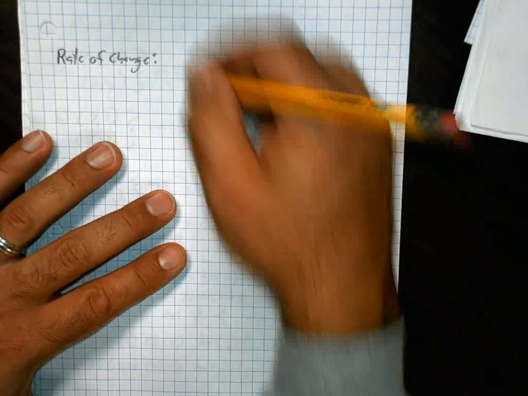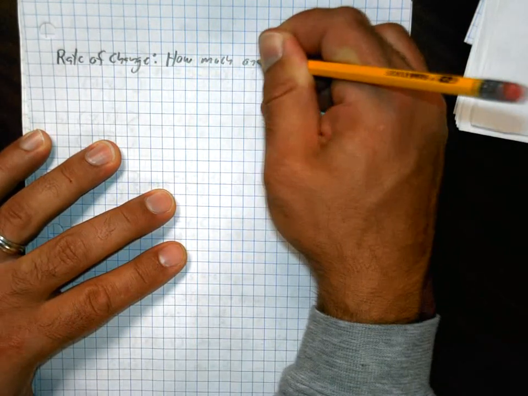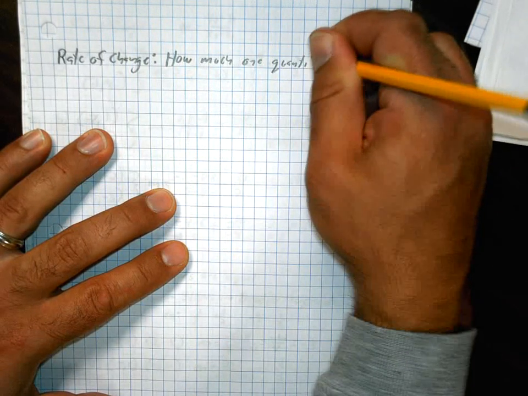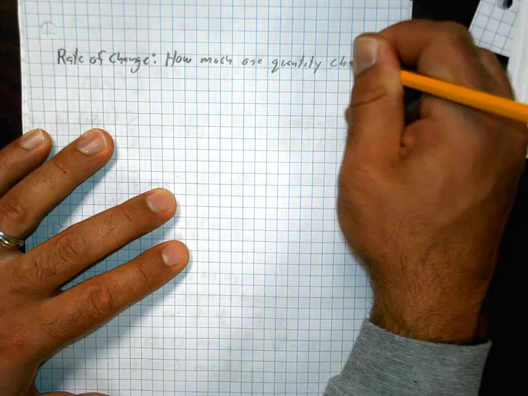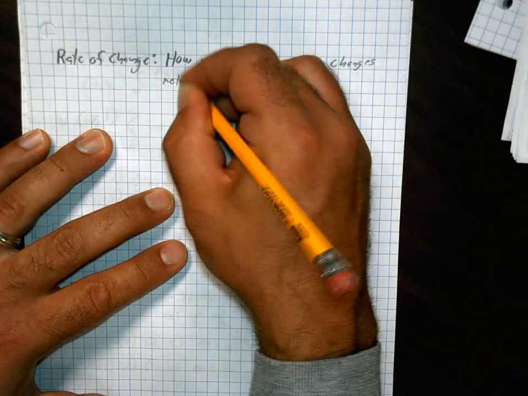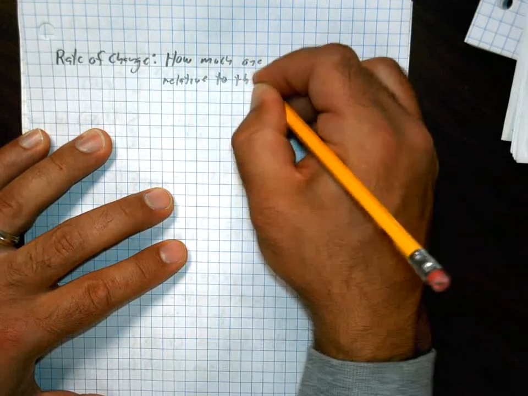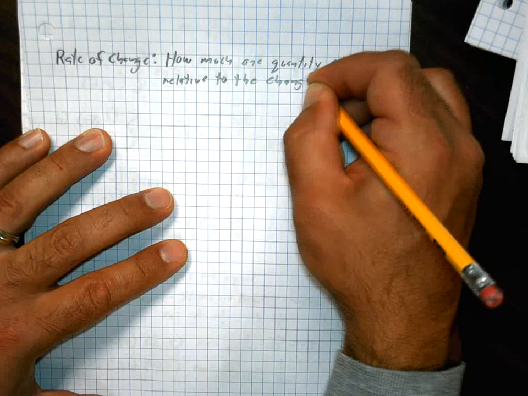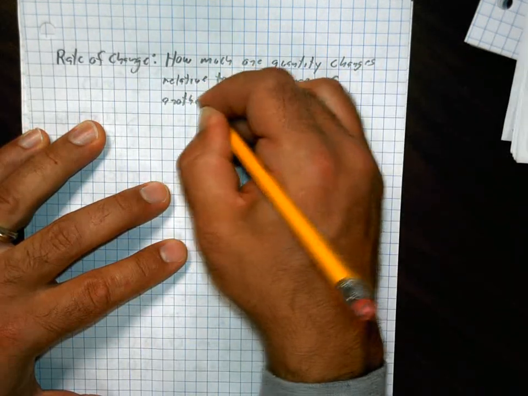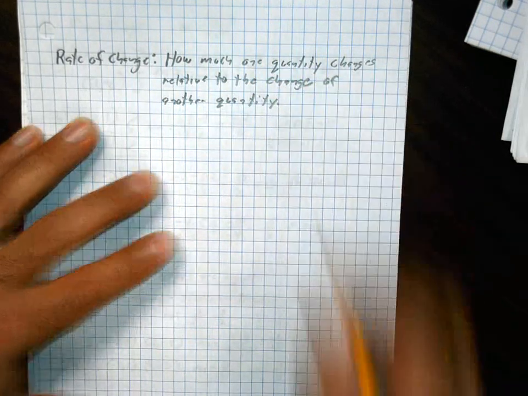Rate of change is how much one quantity changes relative to the change of another quantity.